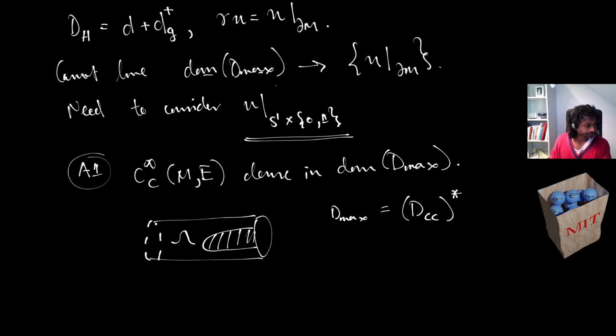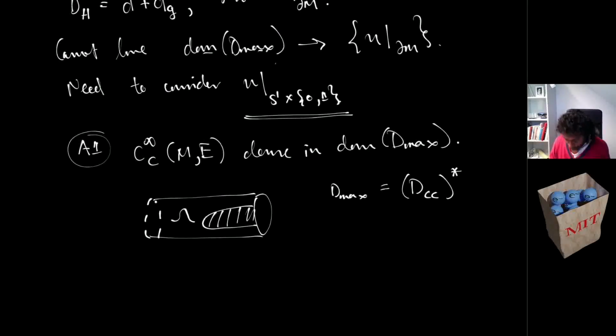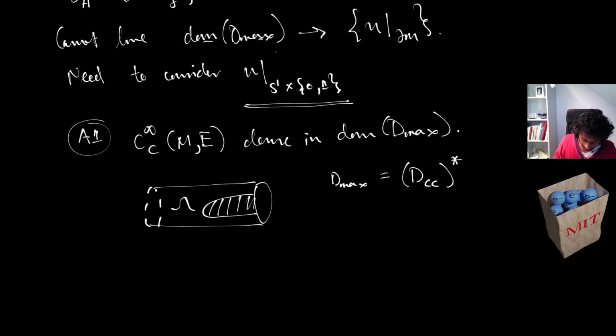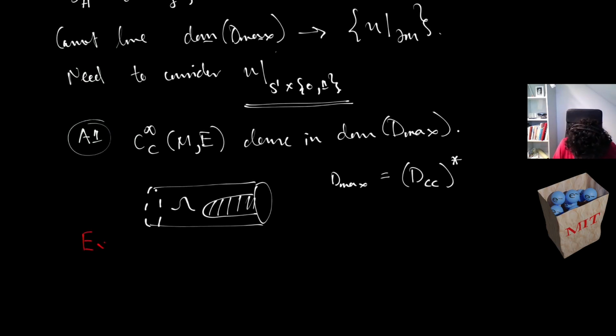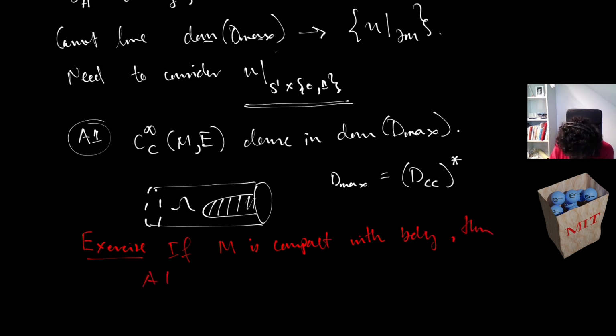So, okay. I'll maybe leave an exercise here. If M is compact with boundary, then A1 is satisfied.